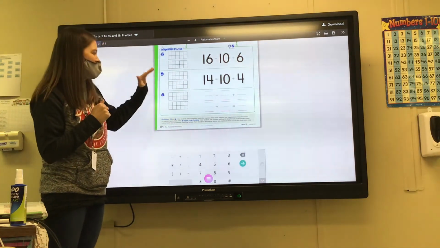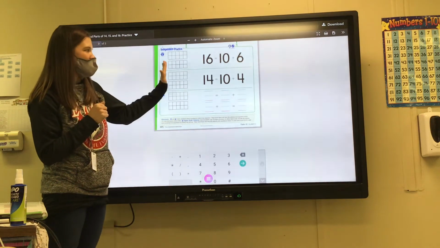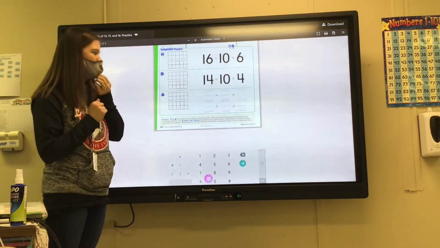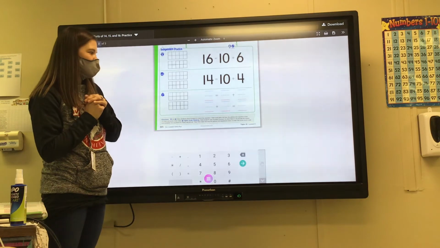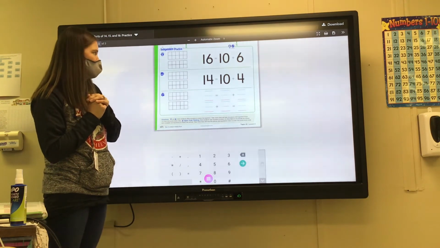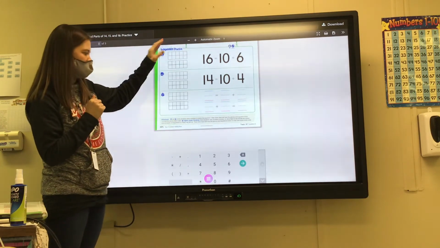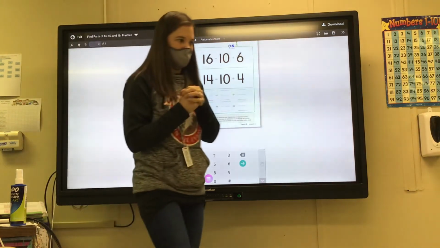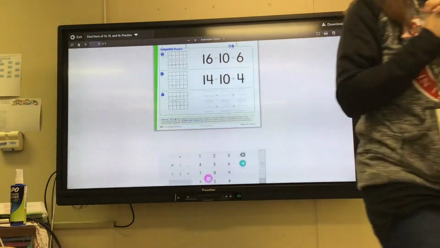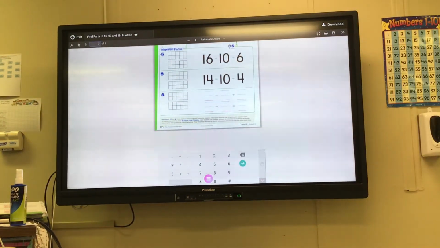For number 5 and 6, you're going to draw counters to match the equation. Think about how the picture in the equation showed 10 ones and some more ones. So go ahead and do that for 5 and 6. Draw counters to match the equation. Always go across the top first, the top row first.